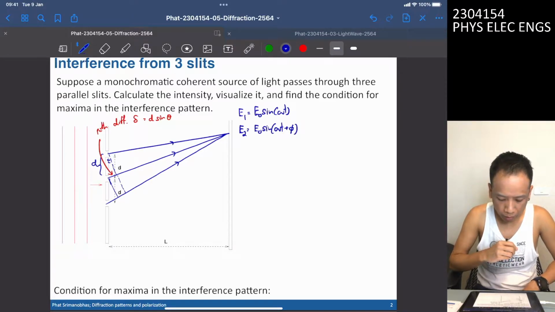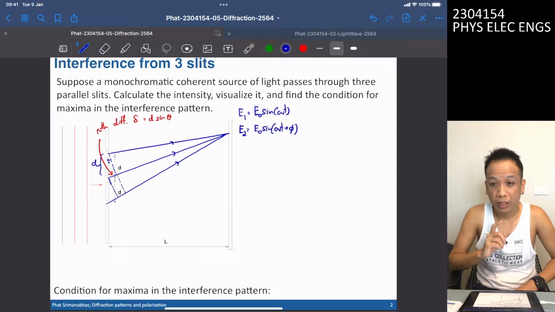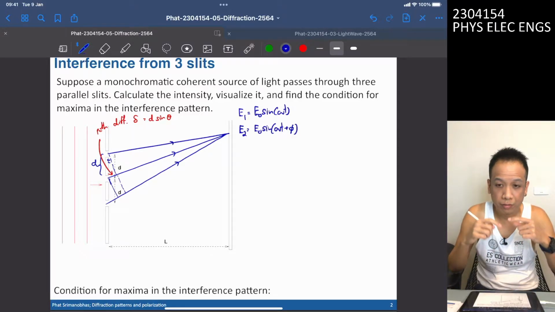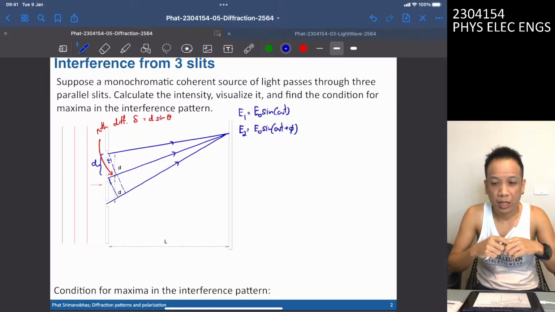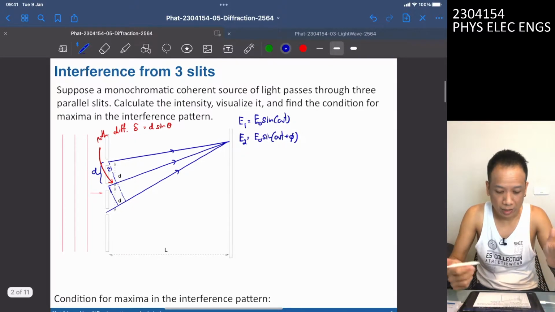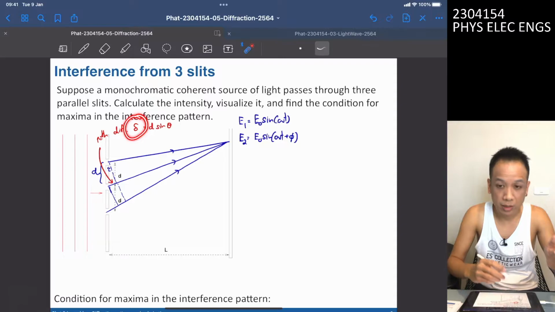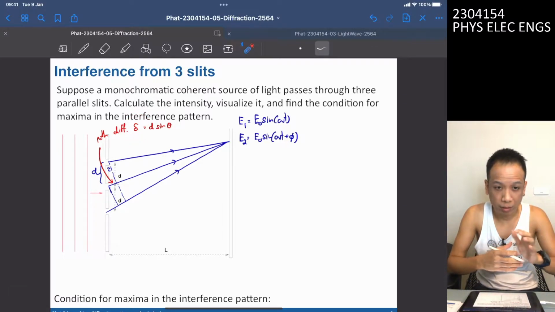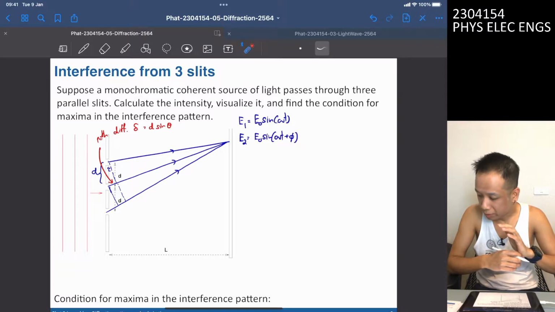Don't forget that the argument of the sine function needs to be dimensionless, or basically in radians. So what you put in the sine is not delta, which is the path difference, but the phase difference.